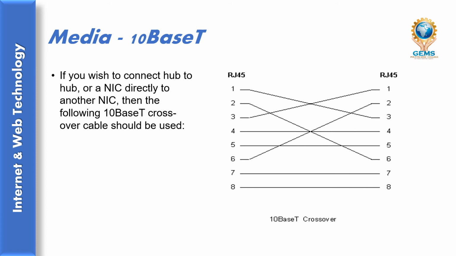The source pin 1 connects to destination 3, and again the RJ45 destination connects to 6, while pins 4, 5, 7 and 8 are direct connections between the two RJ45 cables. This is the 10BaseT crossover connection.